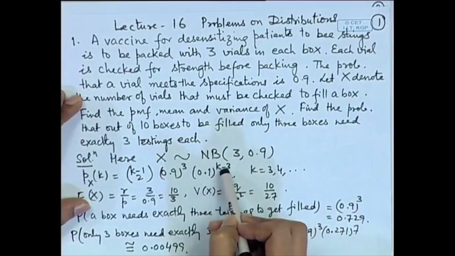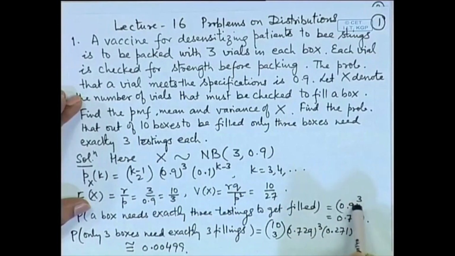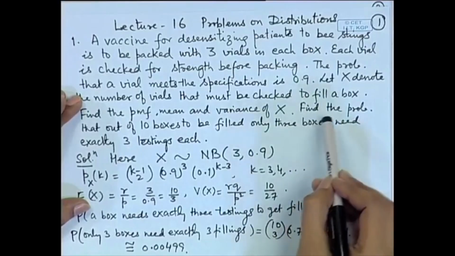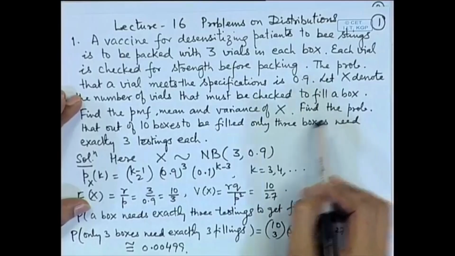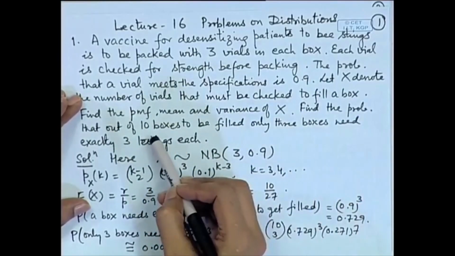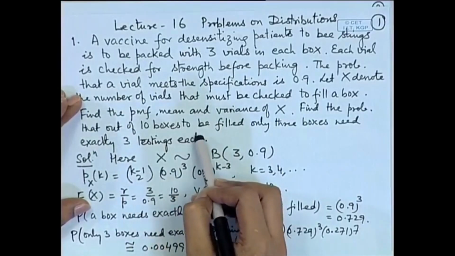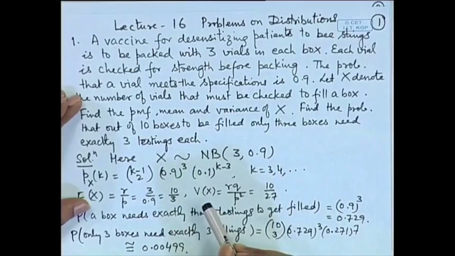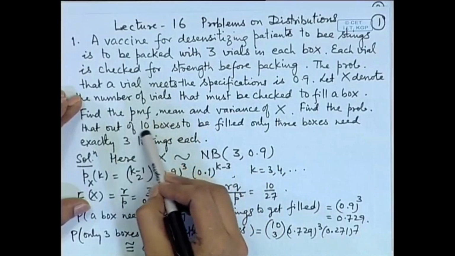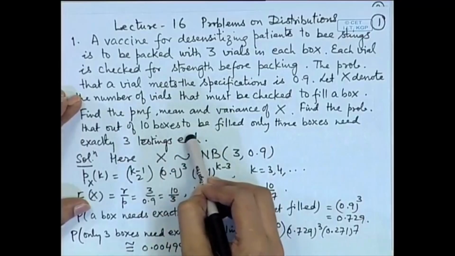So, this corresponds to the k equal to 3 term here, which gives 0.9 cube, that is p cube. Now, the second part of this problem is that each box may need exactly 3 testings or it may not need exactly 3 testings. So, if total number of boxes are 10, a particular box may need 3 testings or may not need 3 testings.